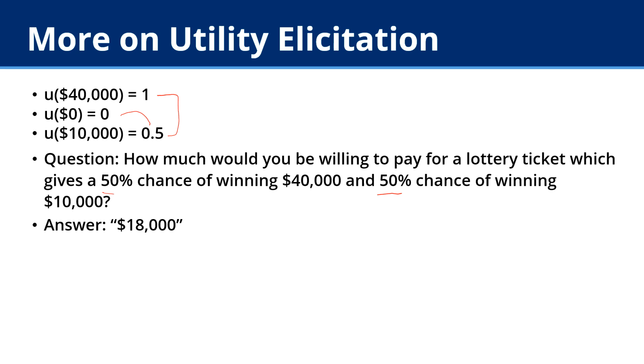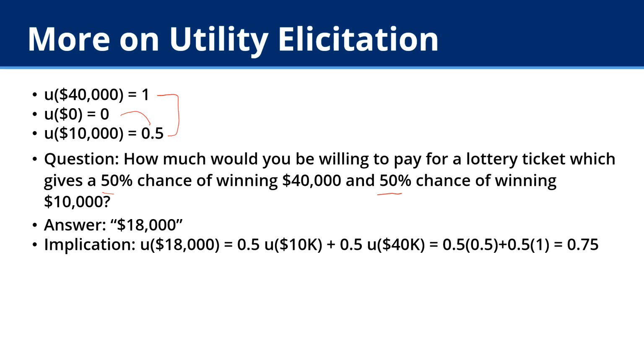Okay, so then we can now calculate the utility value for $18,000 for this decision maker. Again, we're going to set up the equation. The utility for $18,000 is 50% times the utility for $10,000, which we figured out previously is 0.5, plus 0.5 times the utility for $40,000, which is still 1.